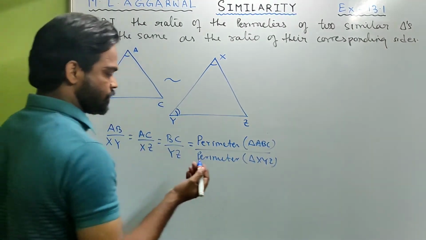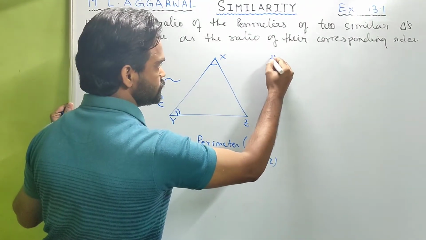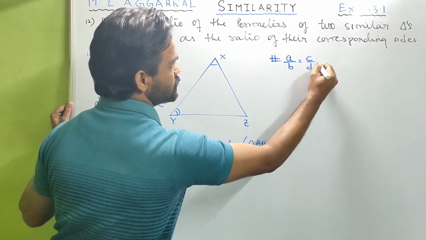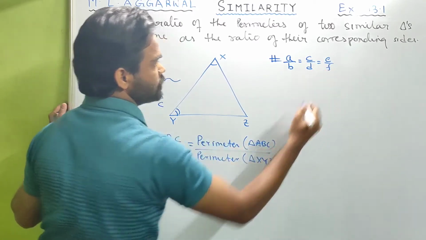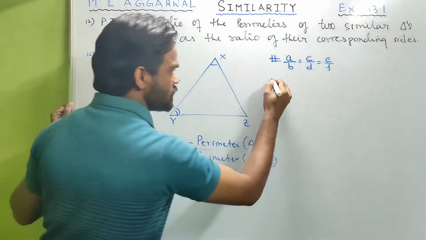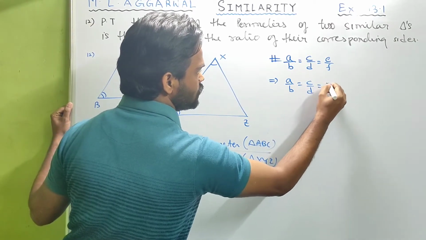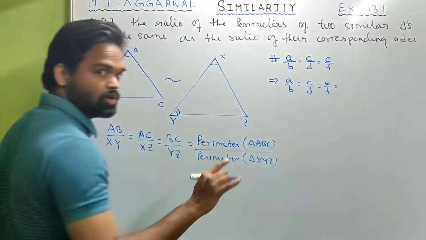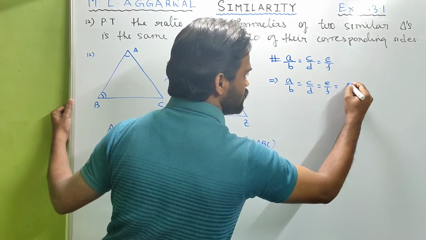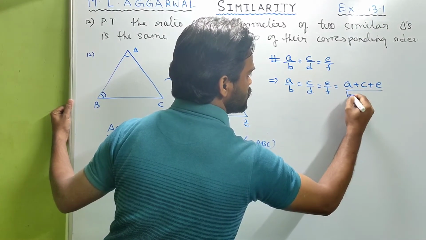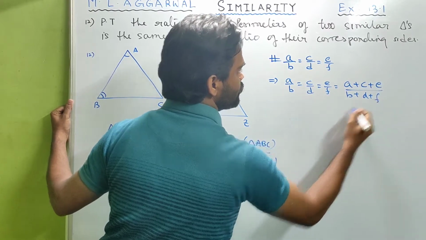Ratio and proportion. If A by B is equal to C by D is equal to E by F, then we can say that A by B will be equal to C by D is equal to E by F, will be equal to sum of A plus C plus E by B plus D plus F.